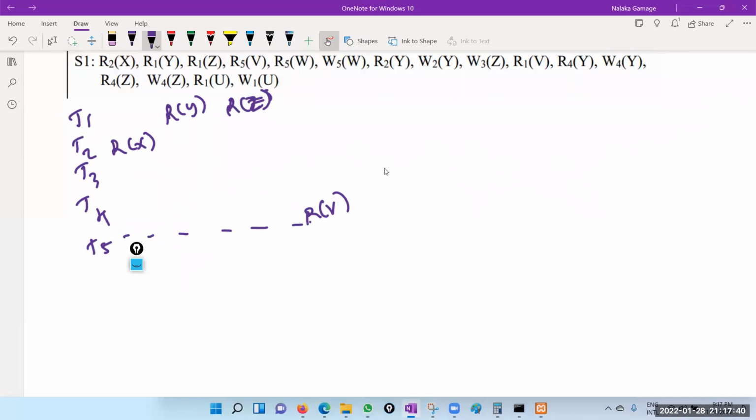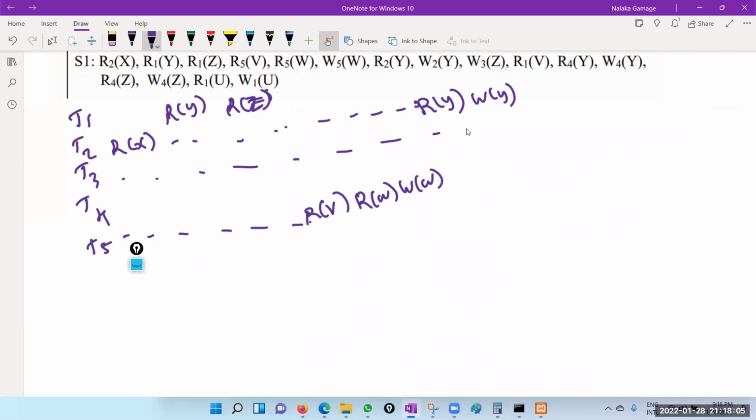Read 5w, read w, write 5w, write w. Read 2y, read y, write 2y, write y. Write 3z, write z.